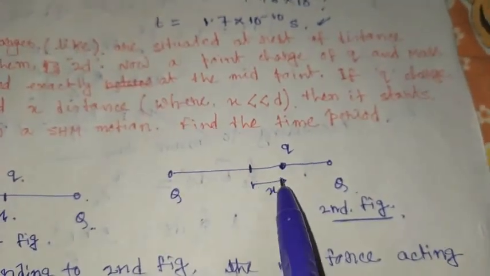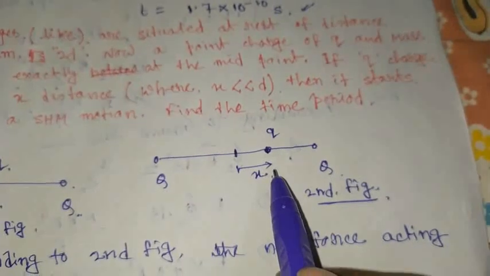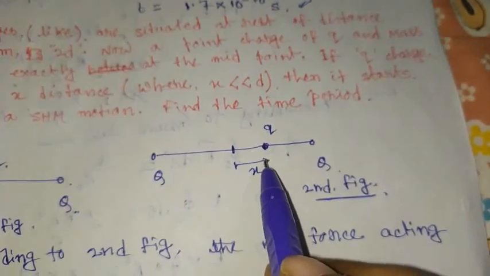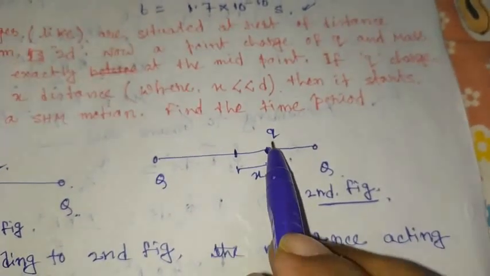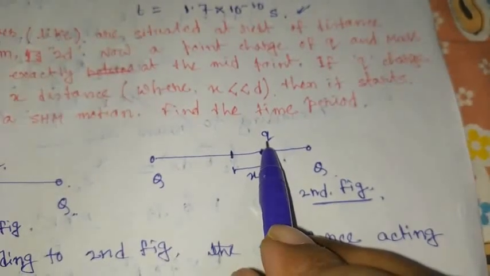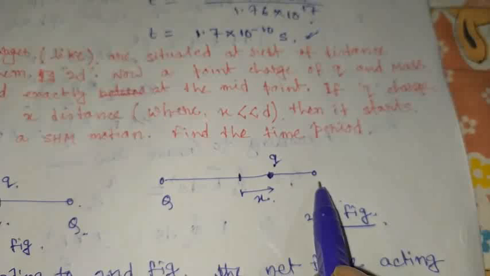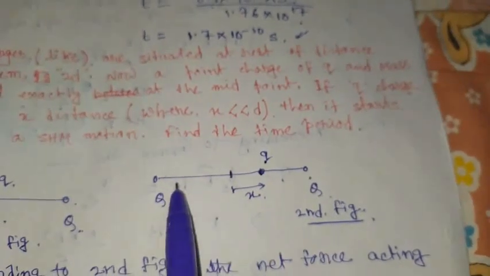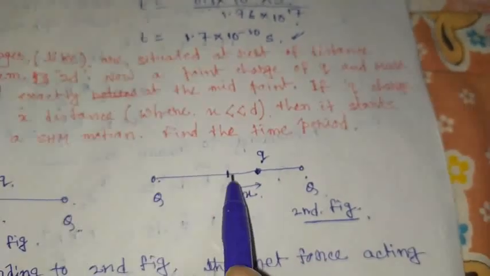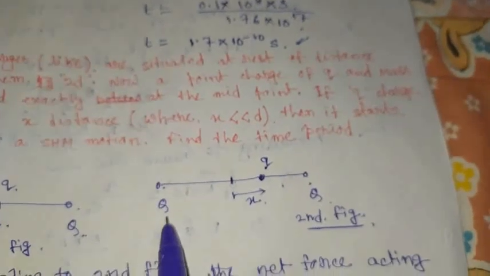Then you can understand that this q charge is close to one Q charge and very far away from the other Q charge.